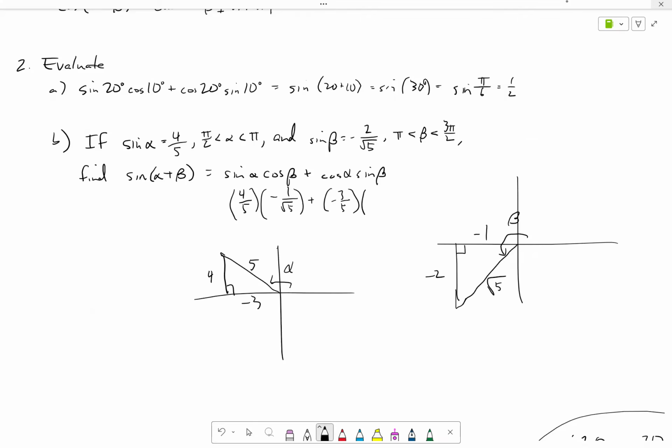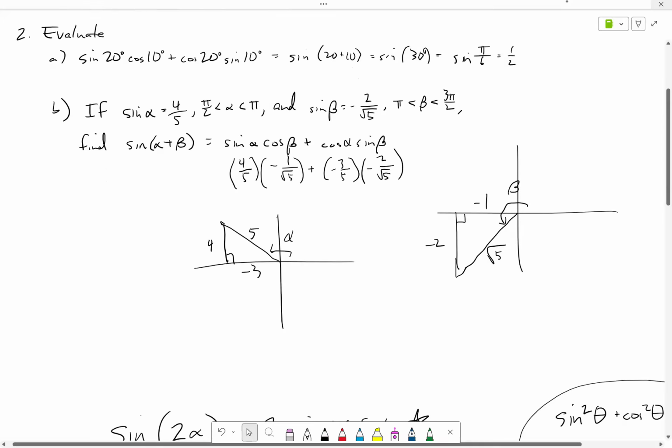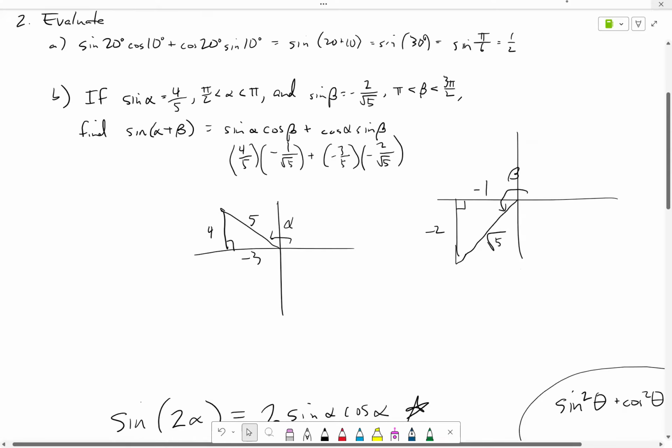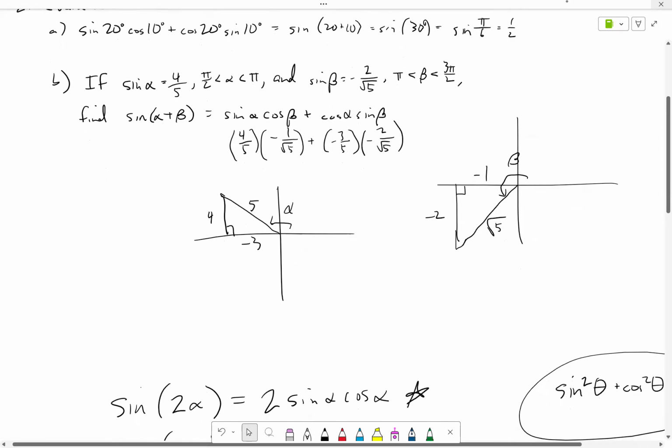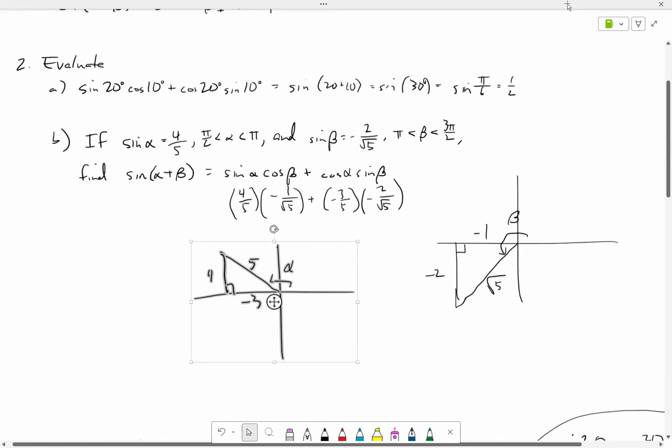Sine of beta is 2/5. Are all these pieces making sense? Good. And was this difficult to finish? No, they have the same denominator. That's the answer.